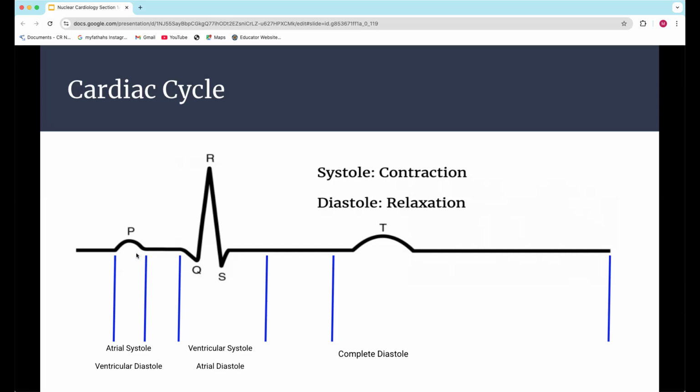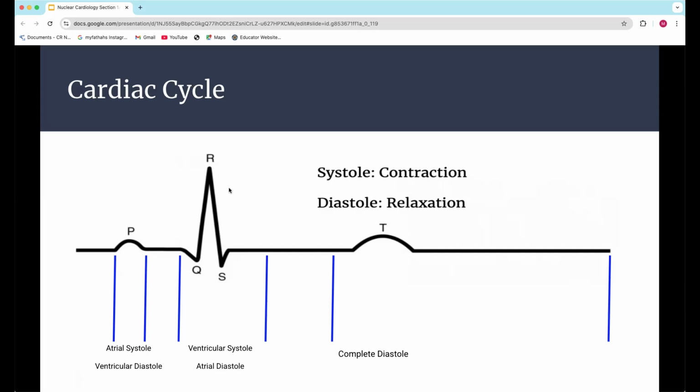What you need to recognize here is that when a P wave fires, we're actually talking about atrial systole. Why? Because that's when the atria are contracting, okay? So during a P wave, you have atrial systole and ventricular diastole, okay? Does that make sense? So again, firing means contracted.